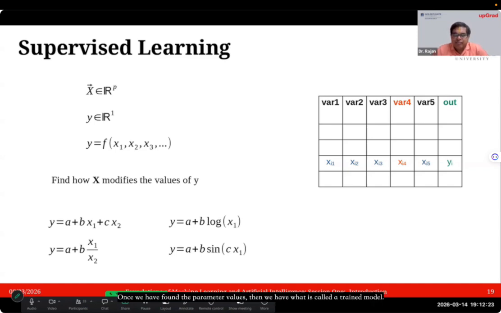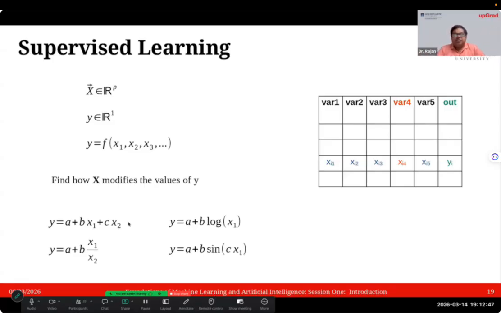Once we have found the parameter values, we have what is called a trained model. Instead of writing symbols like A, B, C, we can write the actual values: Y is equal to 3.7 minus 0.35 x1 plus 42.96 x2. Something like that. That is the model fixed.